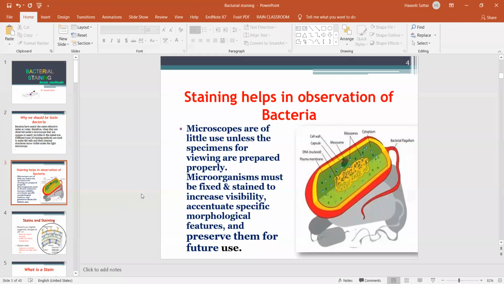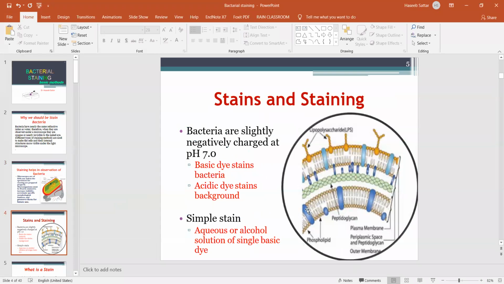Staining depends on the bacterial cell wall or the bacterial outer membrane. Bacteria have a slightly negative charge at a neutral pH.